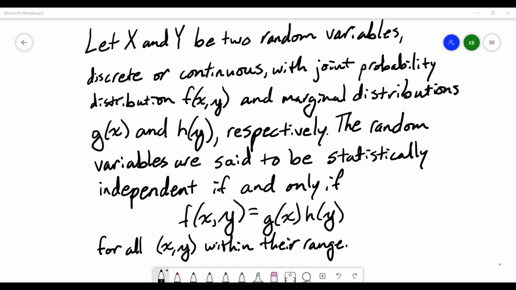Another time when it doesn't matter whether the random variables we're working with are discrete or continuous is when we're trying to determine if the random variables are in fact statistically independent.